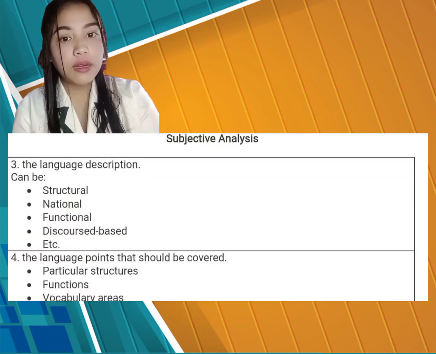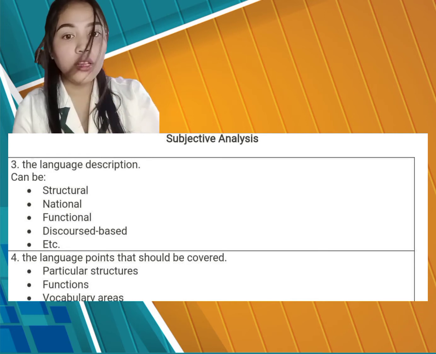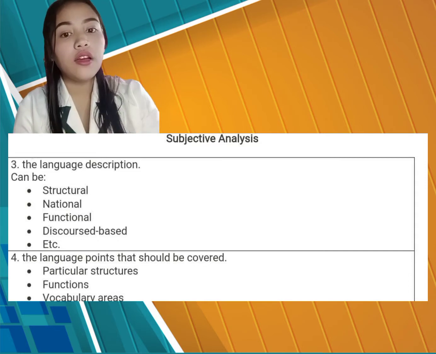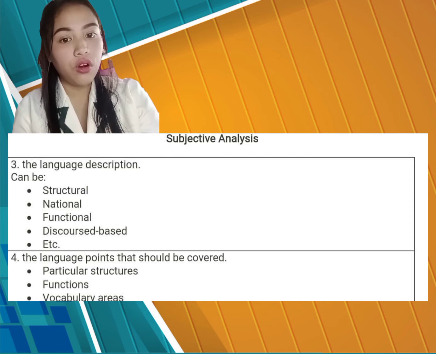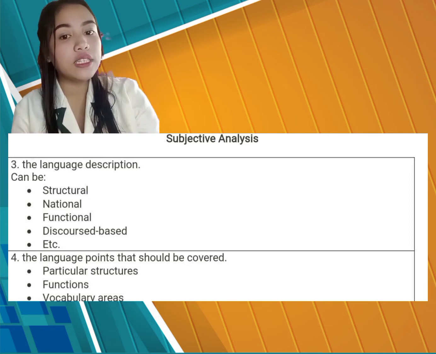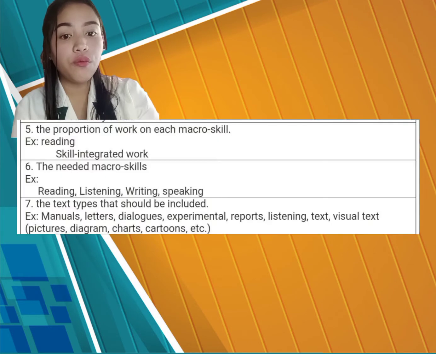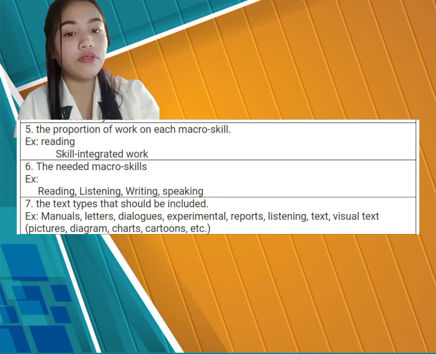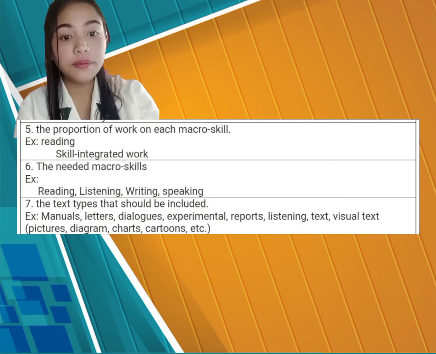In subjective analysis, the language description can be structural, notional, functional, discourse-based, etc. The language points that should be covered: particular structures, functions, vocabulary areas, the proportion of work on each macro skill, for example reading, skill-integrated work, and the needed macro skills, for example reading, listening, writing, and speaking.